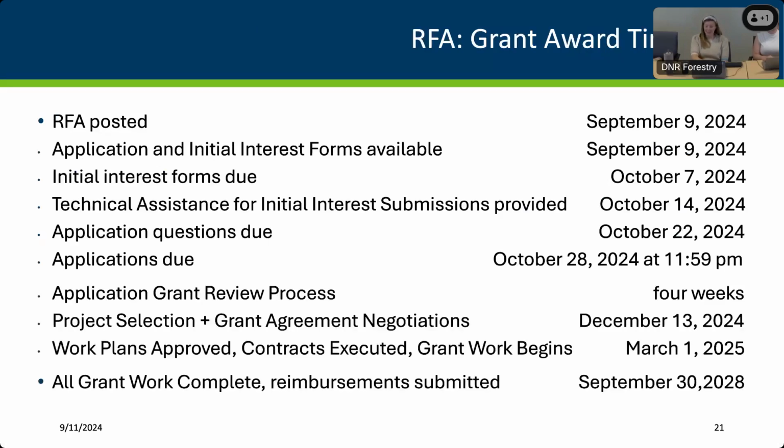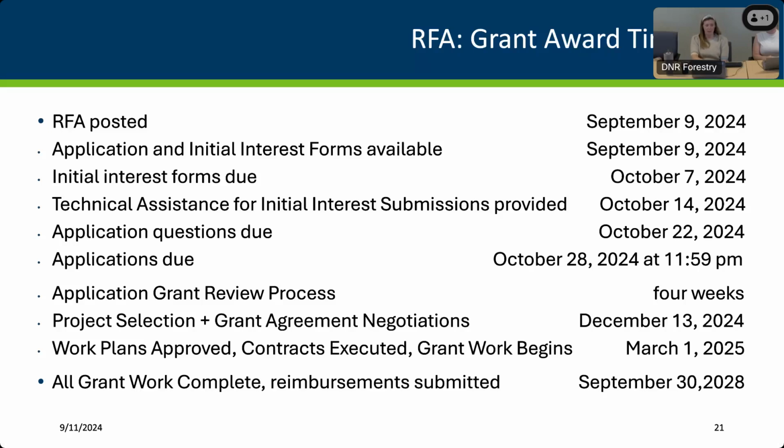Here's a timeline of the review process. So our RFA was posted on Monday, September 9th. The application and interest forms are now available. We do have a due date for the initial interest forms, which helps us provide technical assistance before applications are due on the 28th. We're going to need about 4 weeks for the grant review process for our grant review committee to read proposals, provide scoring, and then make decisions.